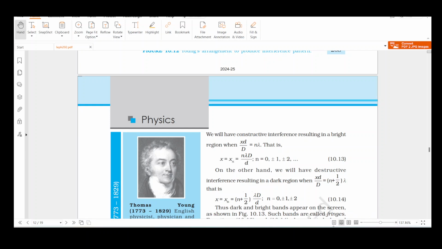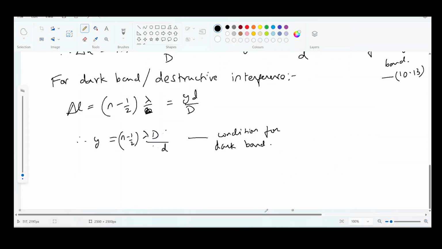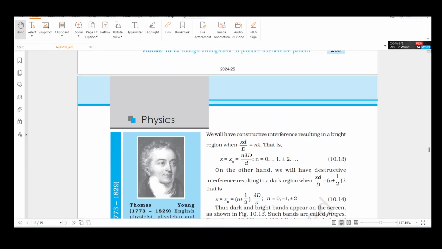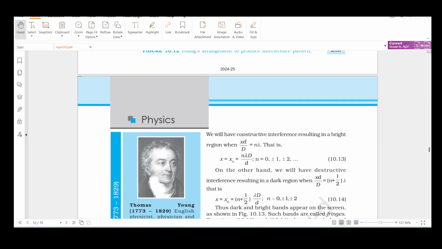Now you see here it is n plus 1 by 2, and I have written here n minus 1 by 2. But the difference between the two is that here n can be 1, 2, 3, and so on, and here n can be 0, 1, 2, 3, and so on. So here 0 is not allowed. If you want to allow 0 as well, then you can write it as n plus 1 by 2.